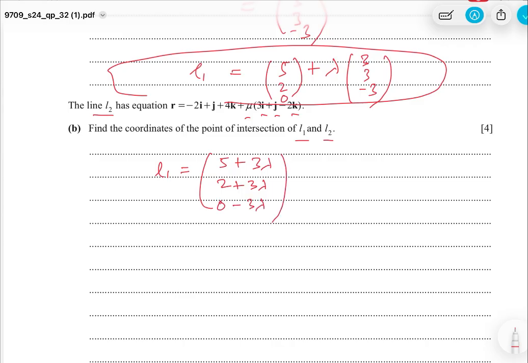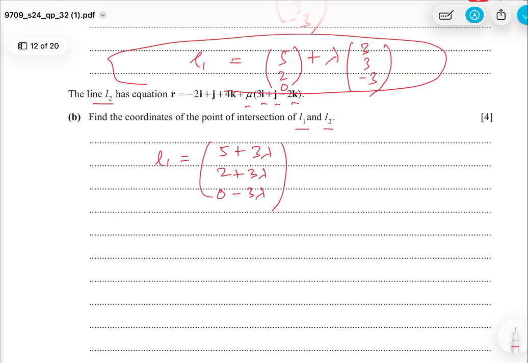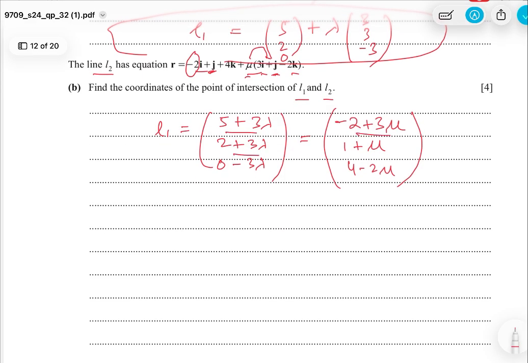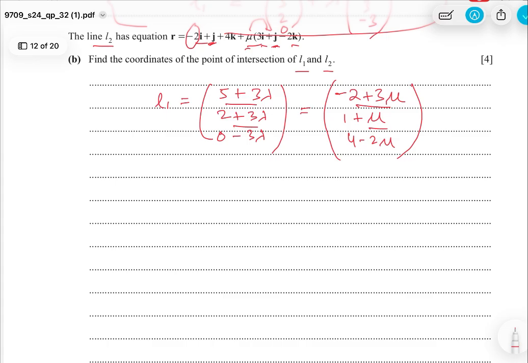Agreed? L1 is this. What is L2? Again, at the point of intersection they will be equal, right? So it would be −2 + 3 mu, and the next one would be 1 + mu, and 4 − 2 mu. Very good, learners.